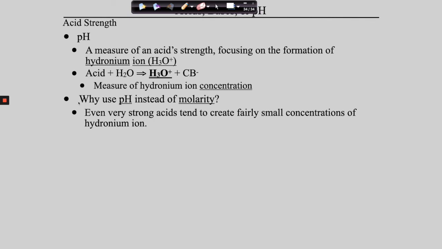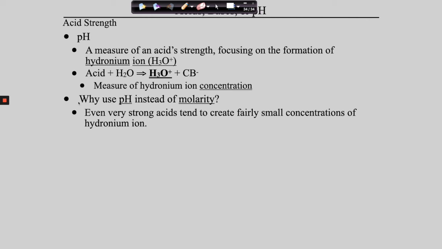So here's what's going on. Guys, even really, really strong acids, like acids that if you got them on you, you'd be in pain, even these relatively strong acids have pretty low concentrations of hydronium ion. They're certainly less than 1, and often they're small decimals.